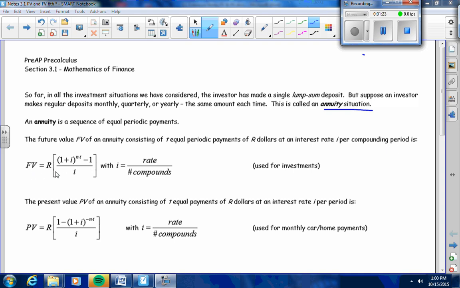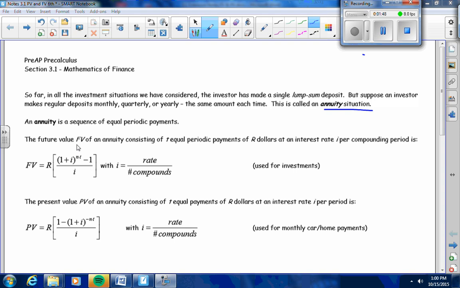Future value equals R, your monthly payment, times in brackets, in the numerator, 1 plus I, where I represents the rate divided by the number of compounds, raised to the power of n times t, minus 1, divided by I.